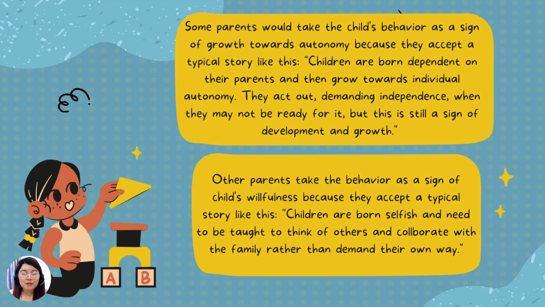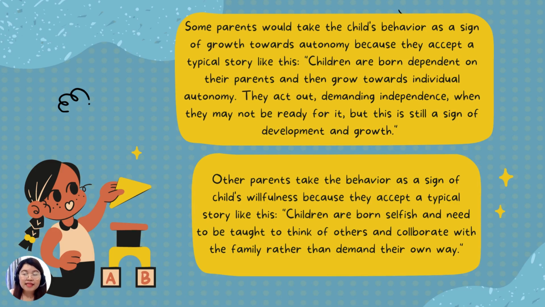Now, some parents would take the child's behavior as a sign of growth towards autonomy or independence because they accept a typical story like this. Children are born dependent on their parents and then grow towards individual autonomy.